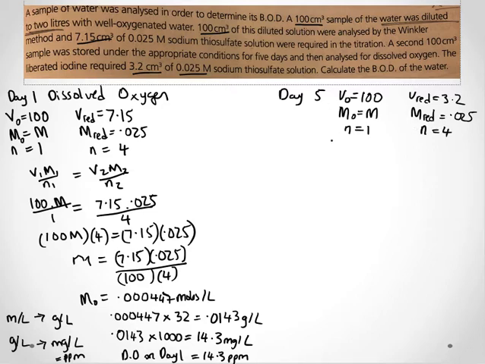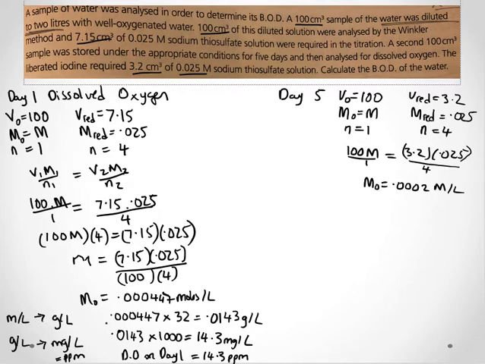So when we want to fill that in, we'll have 100 multiplied by m over 1 is equal to 3.2 multiplied by 0.025 over 4. Do all your magic again and you'll get that the molarity of the oxygen in this case is 0.0002 moles per litre.